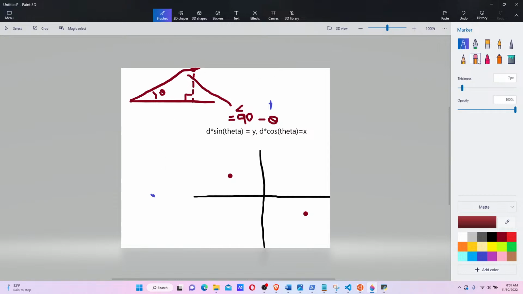Let's draw, I'm gonna redraw this part down here. So we have the big line going through. We have our dot right there.